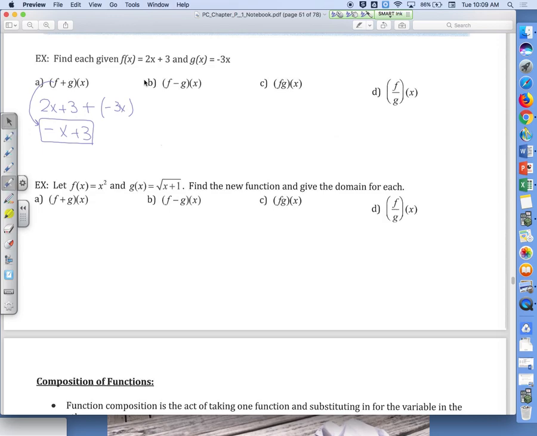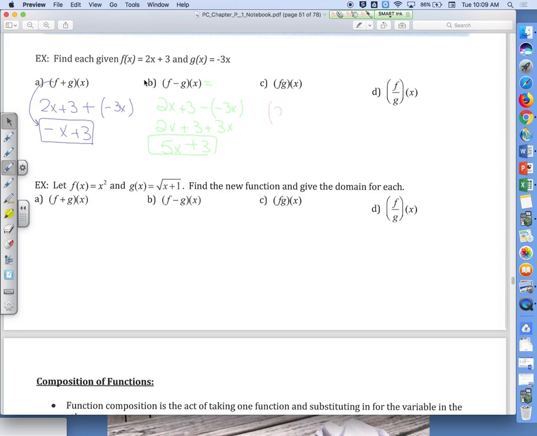Subtraction, we do the same thing. So f minus g of x, that's going to be f of x minus g of x. Right, and combine some like terms there. You have minus and negative, so that's plus. So we have 5x plus 3. The next one, you have f times g of x.